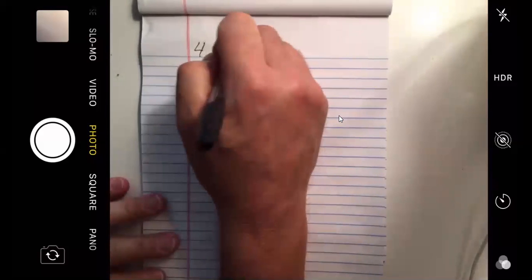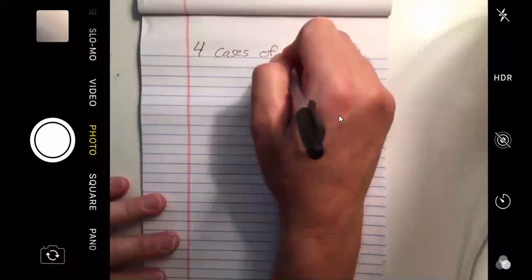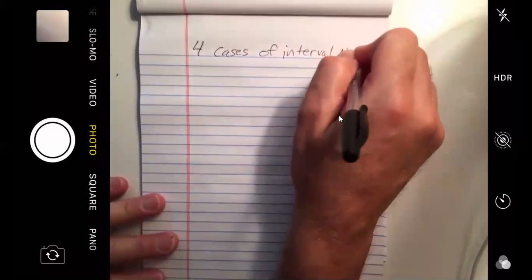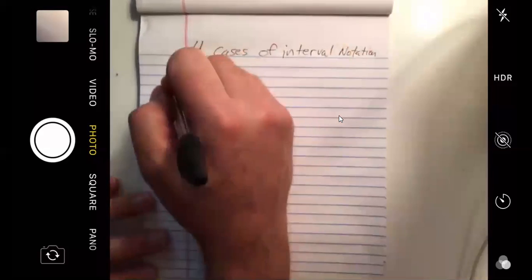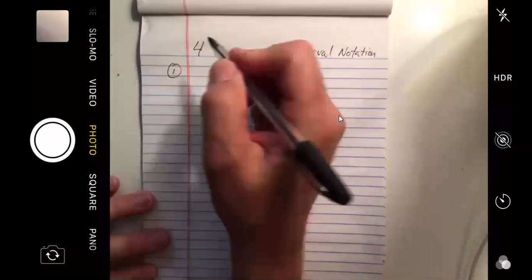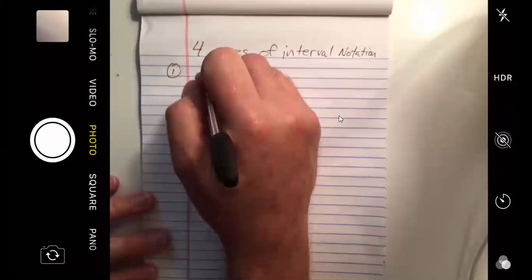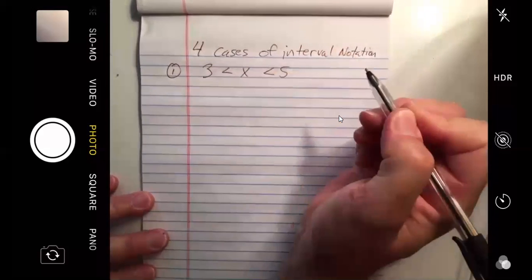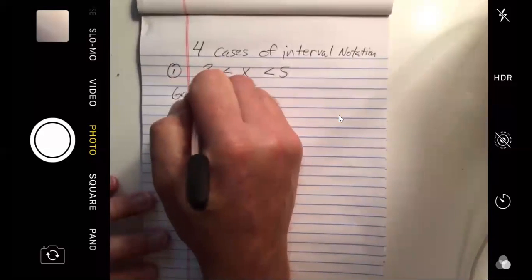There's 4 cases of interval notation. Let's do case 1. Let's make it 3 less than x less than 5. The graph, and I highly recommend doing a graph.